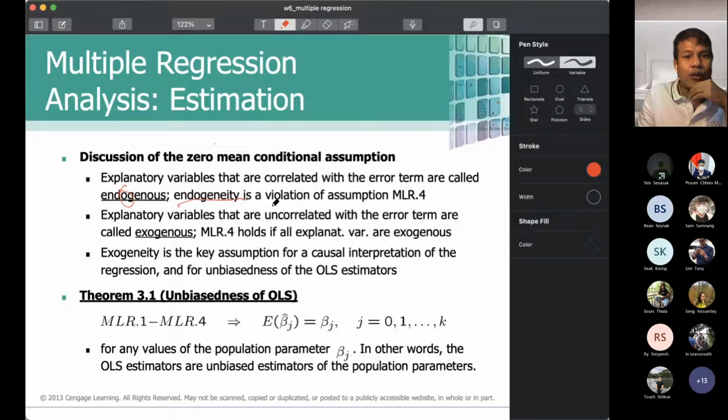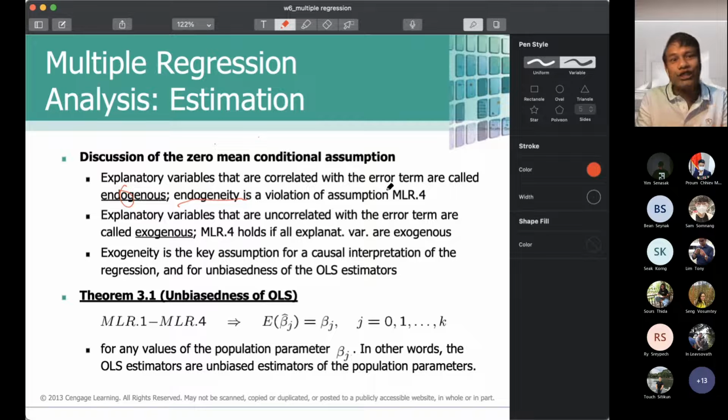That endogeneity is a violation of assumption number 4. So next, I will say zero conditional mean and endogeneity mean the same thing. When we say endogeneity, the zero conditional mean assumption is violated. It means that your variable of interest is endogenous, meaning that it is correlated with the error term.